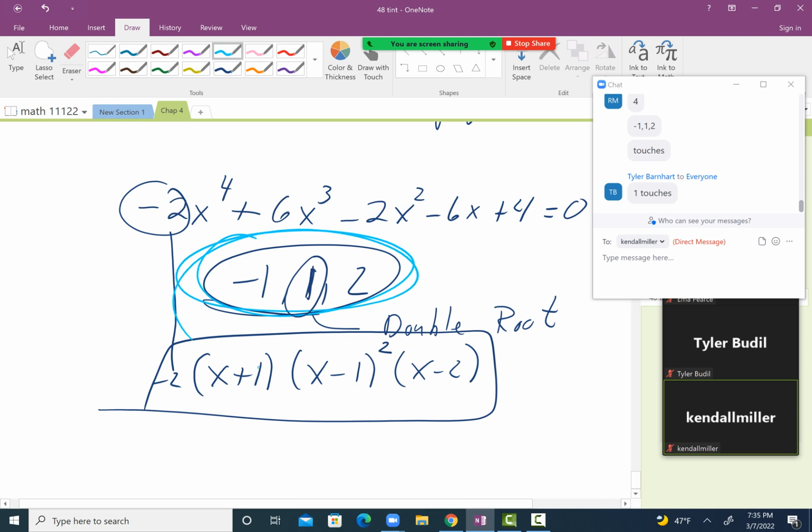And we don't have to write 1 twice. It's already there. But that's what's happening. So when you're solving these, we're graphing them first every single time, finding the x-intercepts and going from there. So far so good?